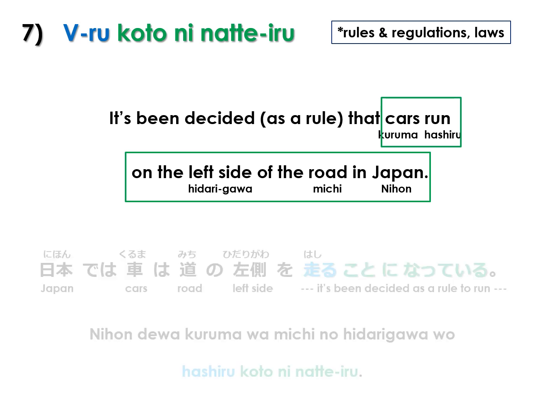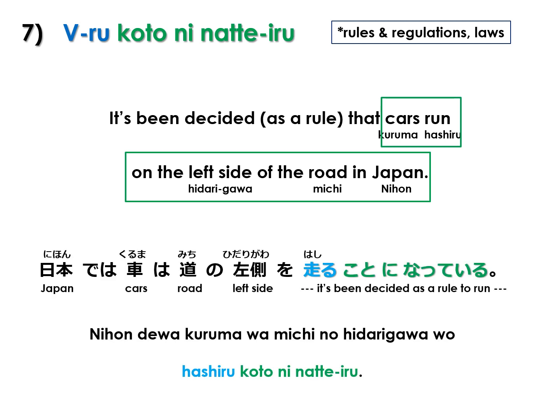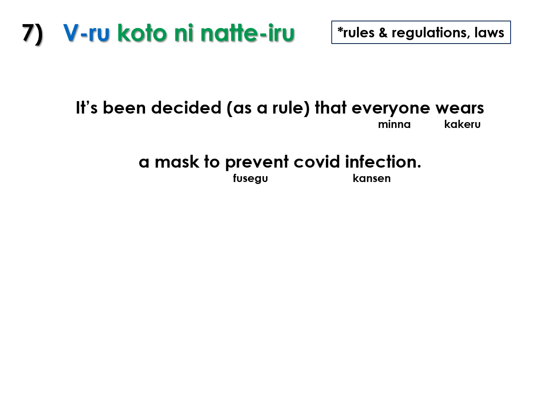In Japanese, 日本では車は道の左側を走ることになっている。 Another example, it's been decided as a rule that everyone wears a mask to prevent COVID infection.